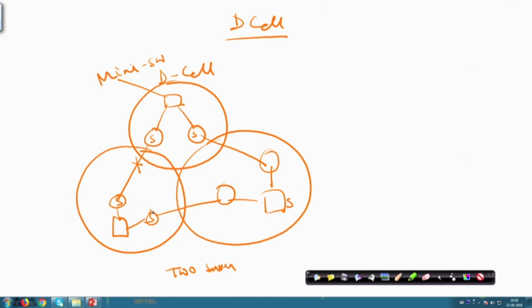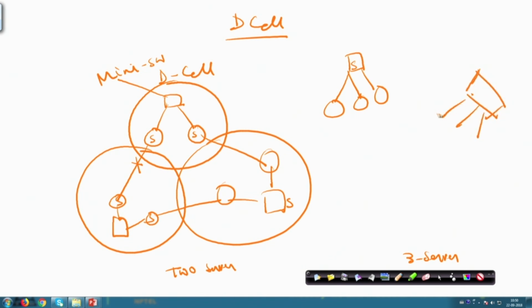So, let us say that you take the case of a three server architecture. Here basically what you are going to have is one mini switch with three different servers. This is your mini switch and three different servers to which it connects. Then you are going to have similarly another mini switch with three different servers like this.